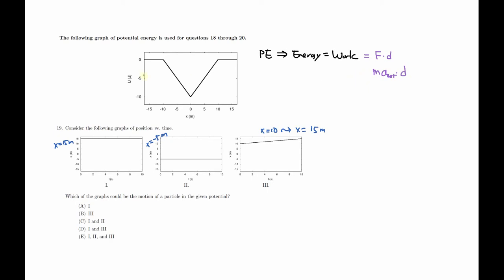When we have in our graph here for our 15 meter, when we have potential energy to be 0, as you see up there, that's like saying our net acceleration has to be 0 for case 1, because we have certain mass and we have a distance to be -15.